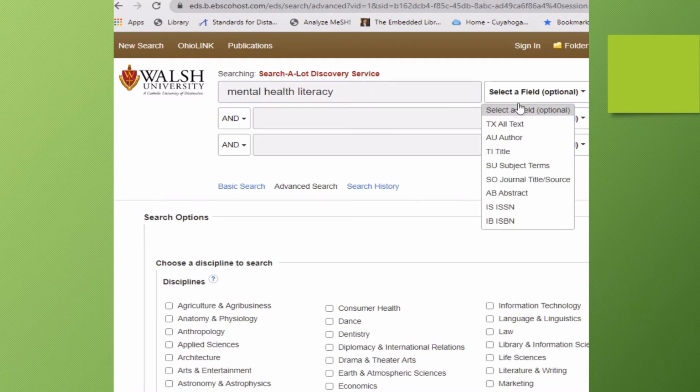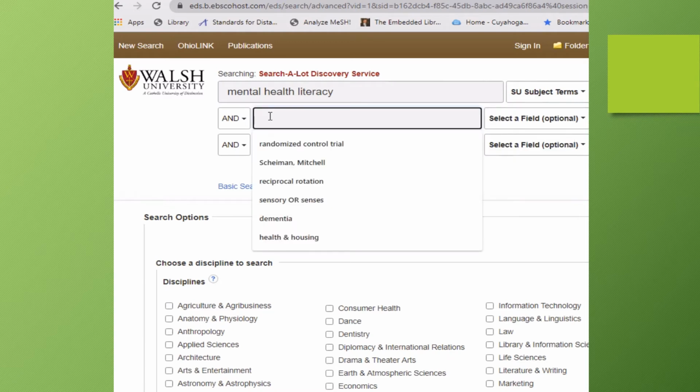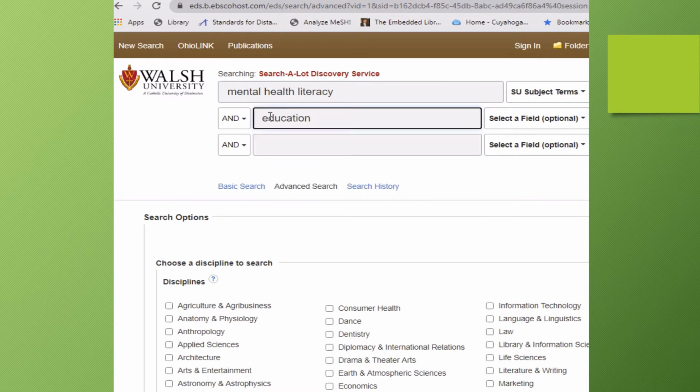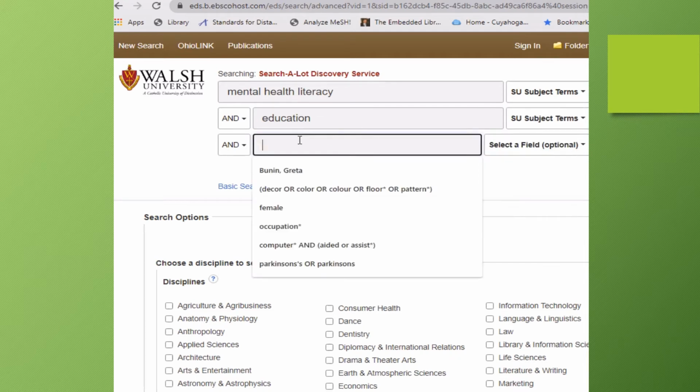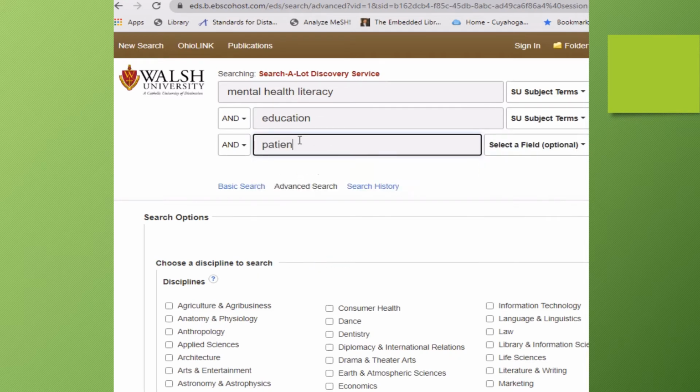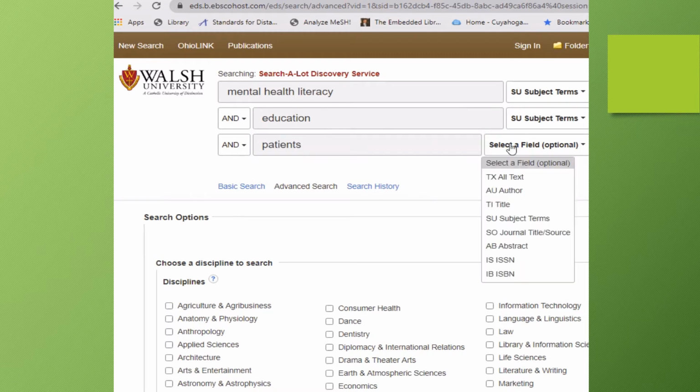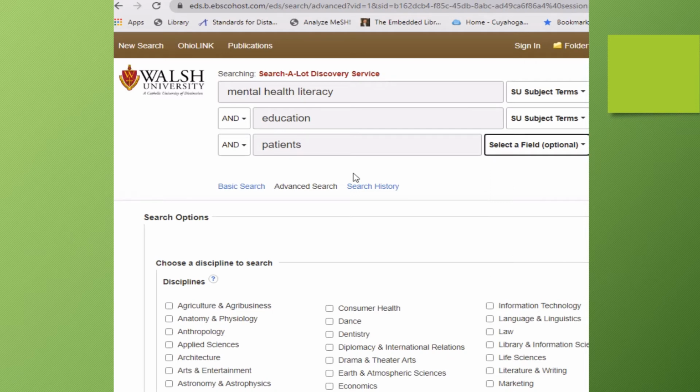Mental health literacy as a subject term, and education also as a subject term, and maybe patient. And we'll leave that one as a keyword because we're not sure that we found it at a subject level heading just yet.